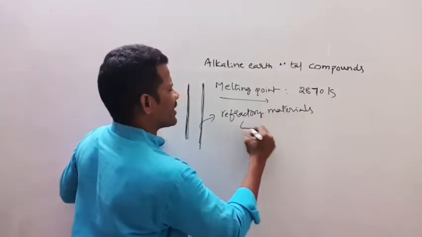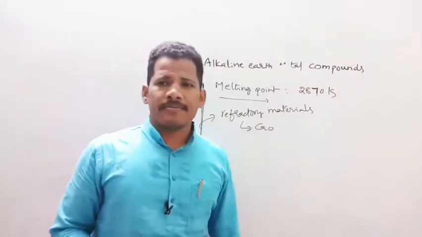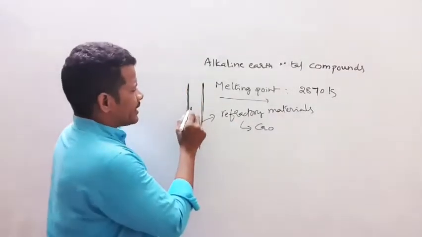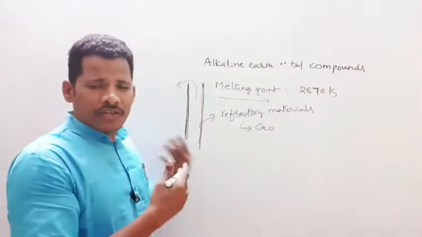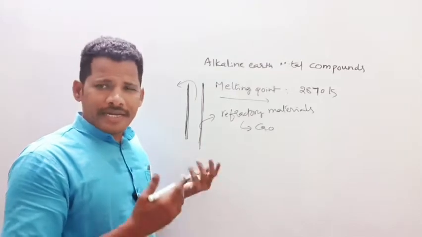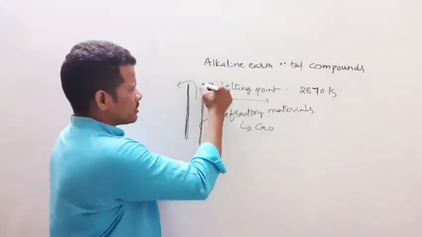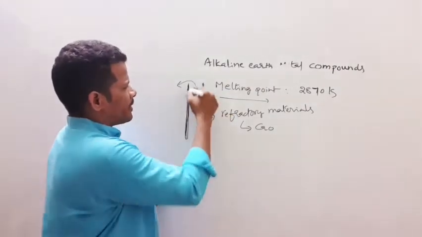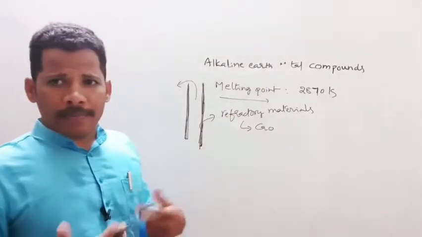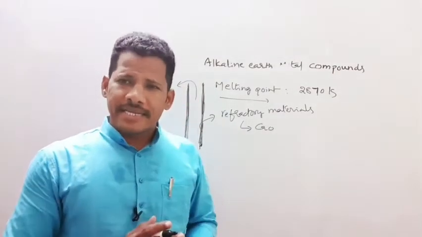So for these refractory materials, one example is quicklime, because it does not absorb radiation from outside into inside, or release heat from inside to outside. It stands at a high temperature, because for preparation of iron or any compound, we need some heat resistant materials.